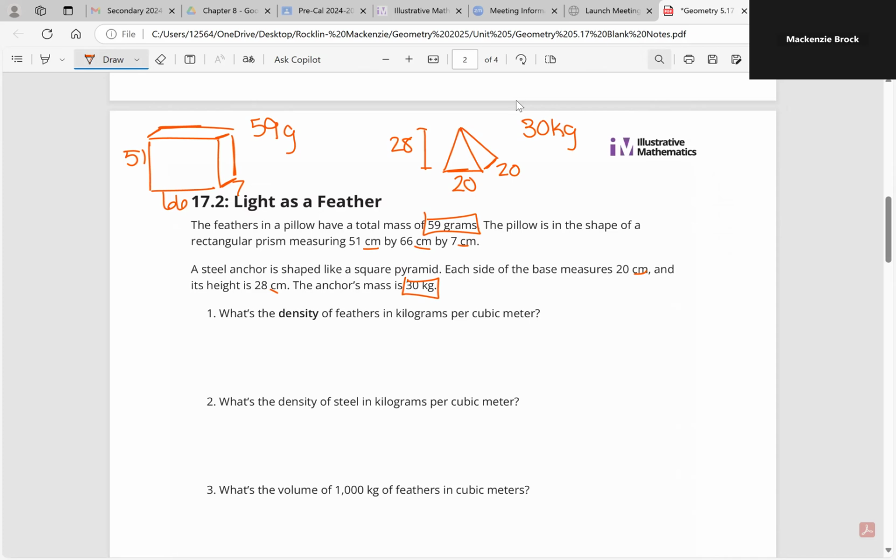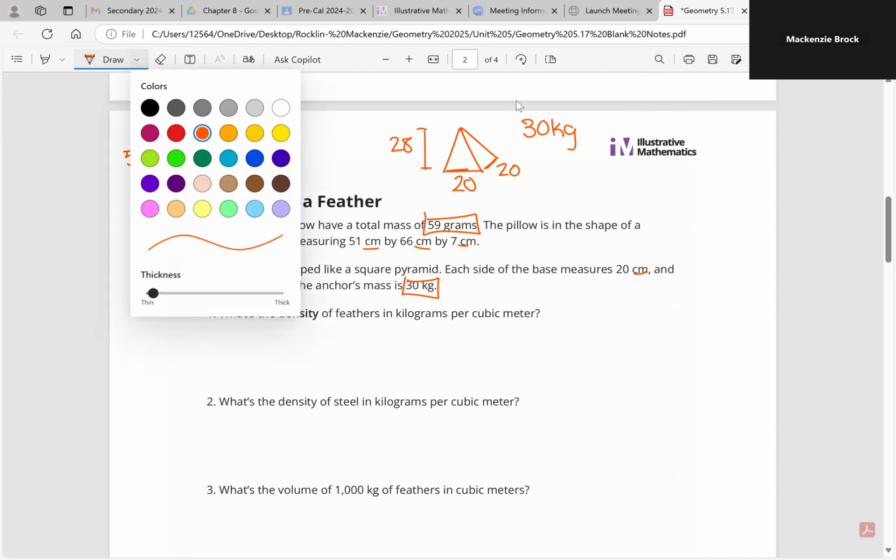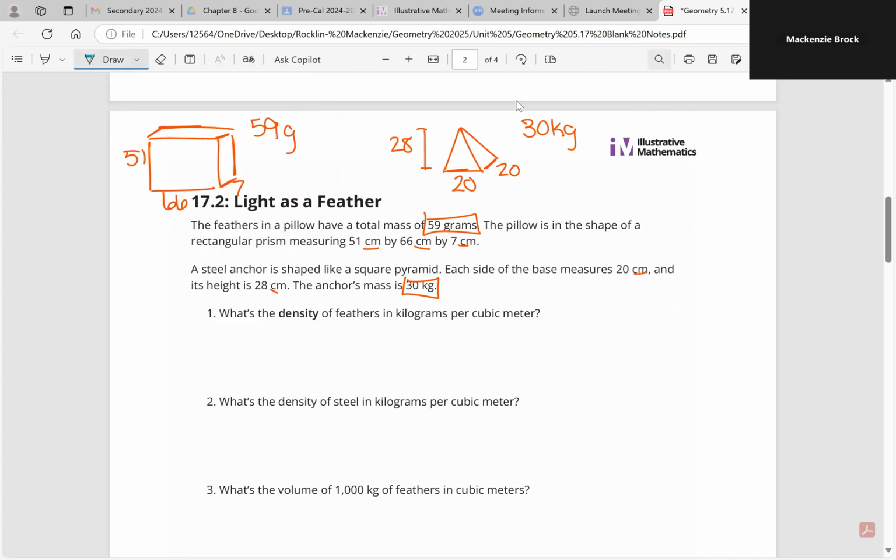What is the density of feathers in kilograms per cubic meter? Okay, for us to do that, we have to know some things. First, we need to know some conversions, and a lot of us may know this already, which is fine. 1 kilogram is the same as 1,000 grams. Most of us know that.